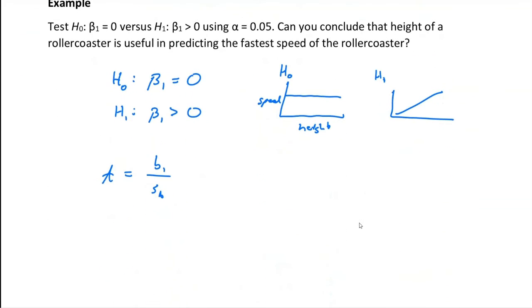So I'm going to take 0.2382, that's the slope. I'm going to divide that by the standard error of the slope, 0.0148. And that gives me a t value of 16.09.